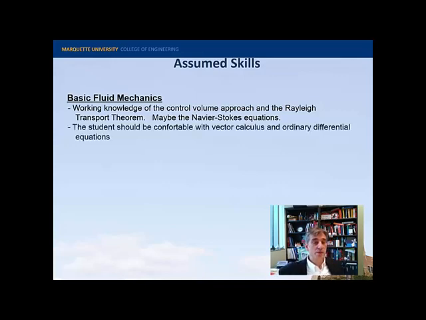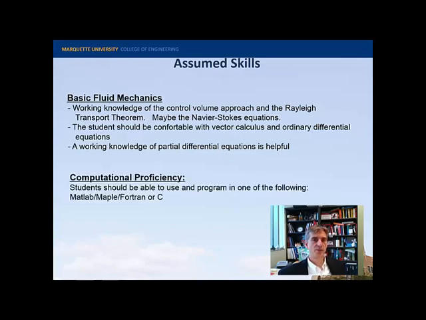The student should be comfortable with vector calculus. We're going to be doing a lot of vector work with derivatives and partial derivatives, so you should be familiar or comfortable there. And maybe a working knowledge of the partial would be good, but I think I'll cover that from the basics, so maybe you can follow along.